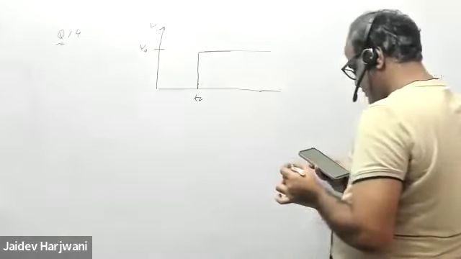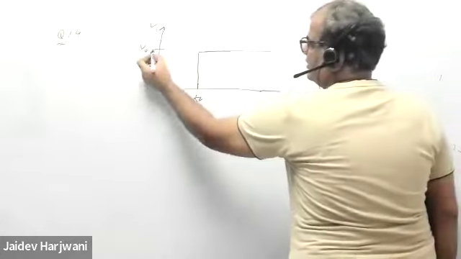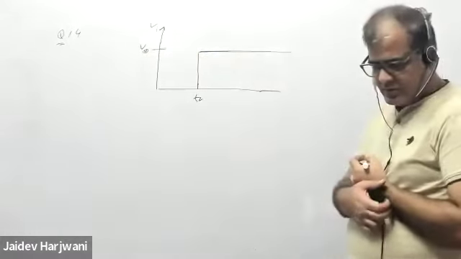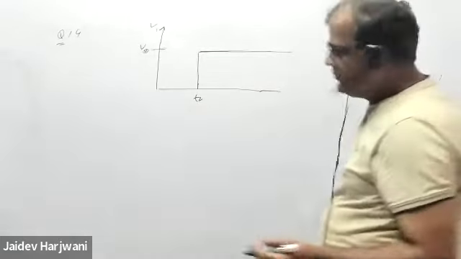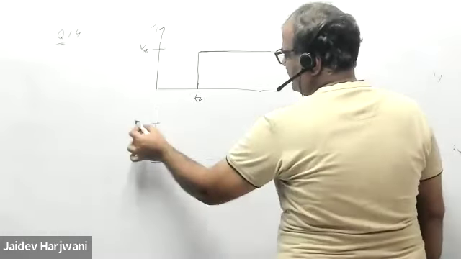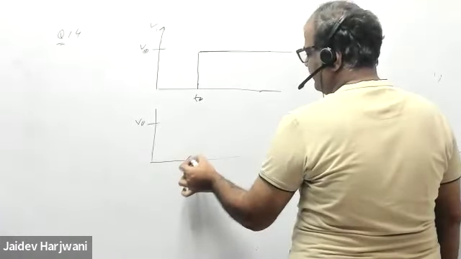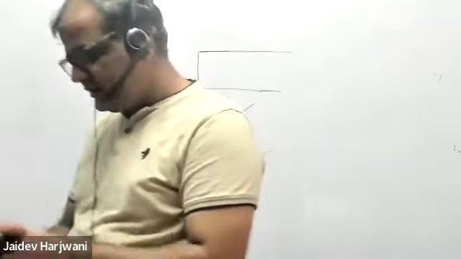If I'm giving a constant V naught, then what will be the output? Option A, because it will keep on increasing. Just now we did the equation. It will linearly increase if the input is a constant V naught. Okay, after T0 it will be constantly increasing. So this is option A.